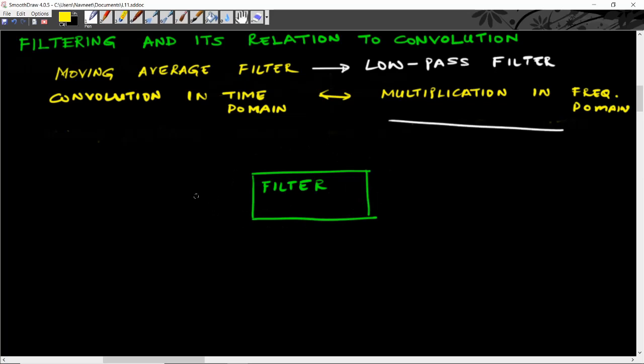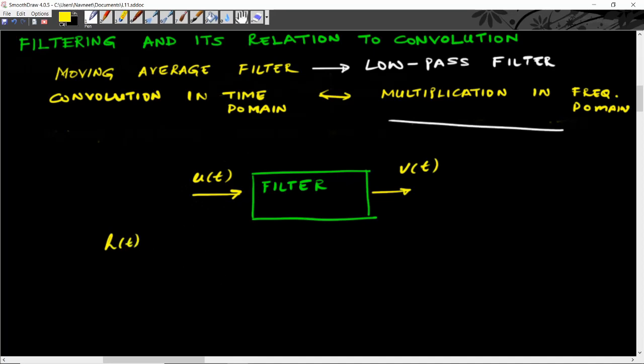And let's say that this filter takes in an input signal u of t and filters this signal and gives an output signal v of t. So the filtering operation is based on the convolution of the input signal with a function h of t.